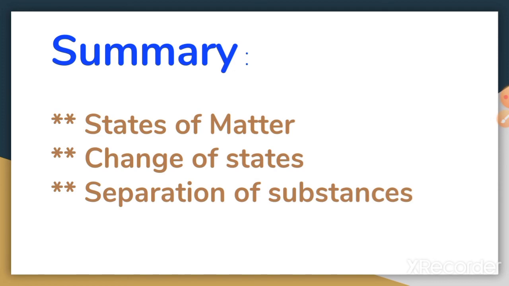Matter exists in nature in different forms. Some substances are rigid and have a fixed shape like wood and stone, and some substances can flow and take the shape of their container like water, while there are forms of matter that do not have a fixed shape or size, such as air.